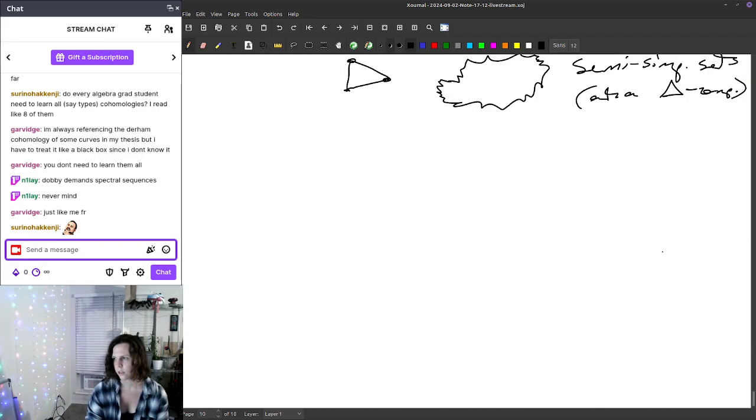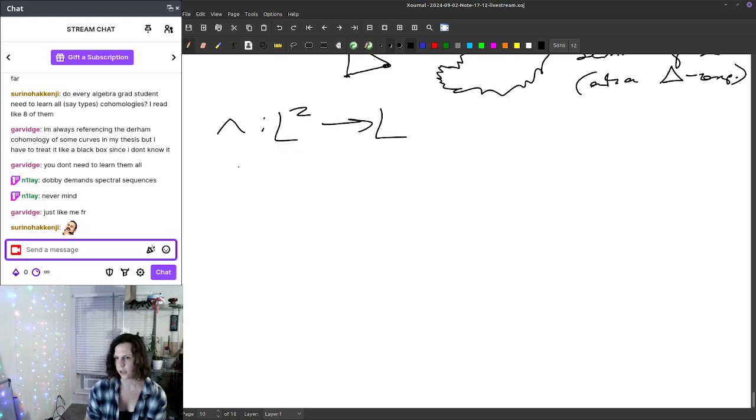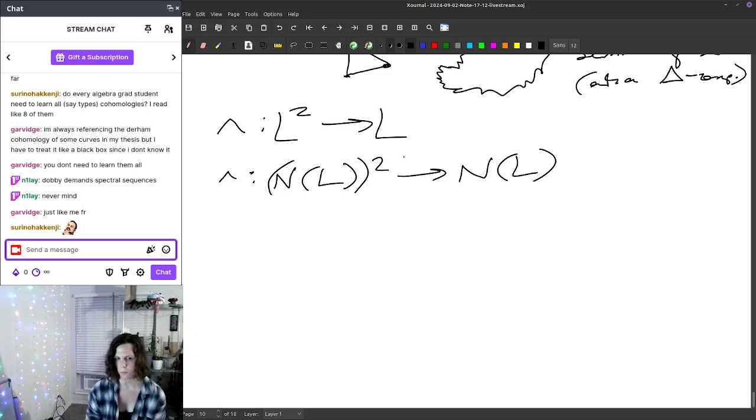Because I have a binary operation, which is meet, that takes pairs of things in this lattice to other things in this lattice. If I want to extend this to be a binary operation on that thing I was calling the nerve, then I want to make such a simplicial map.